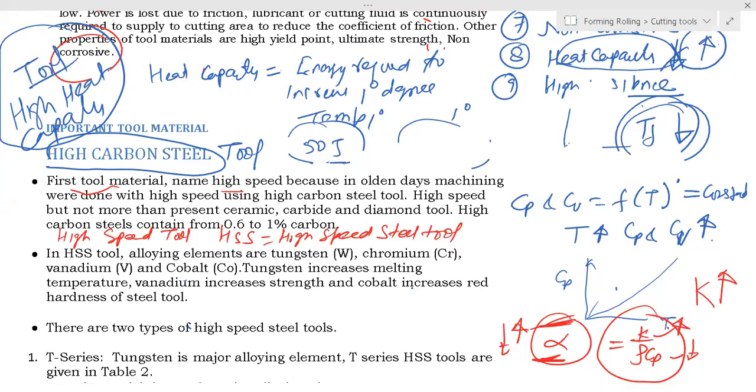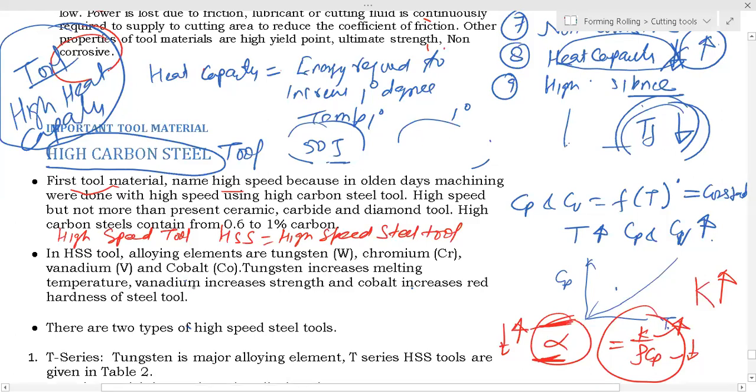So they put the name high speed steel. But today we have very good tool materials, whether it is carbide, cementite, cubic boron nitride, or coated tools. But because of that time, they put this name.